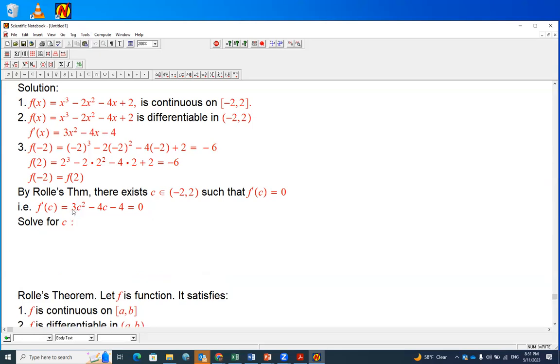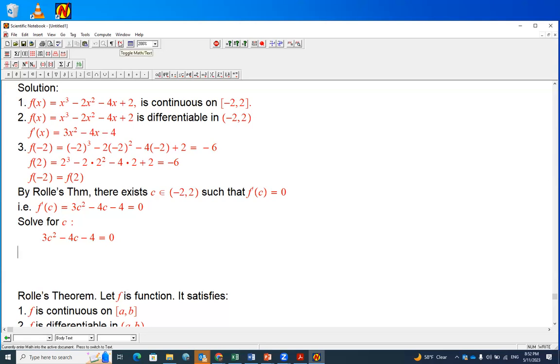How do we solve for c? Well, solving a quadratic equation, there are 3 ways. You can factor, use the quadratic formula, or even complete the square. If factoring seems like a little too much work, then you can totally just use the quadratic formula.